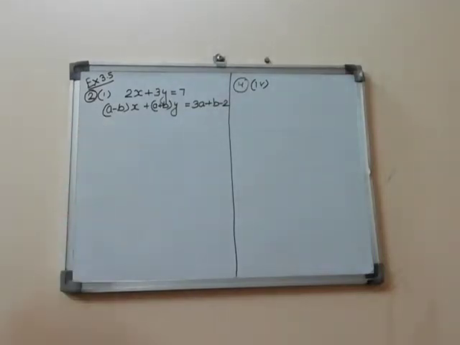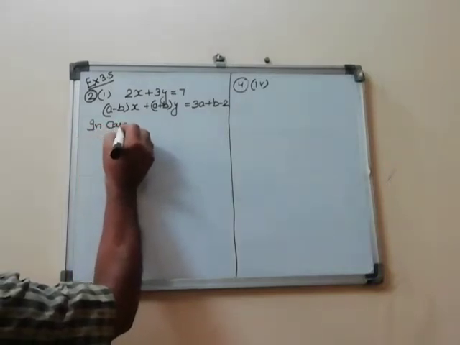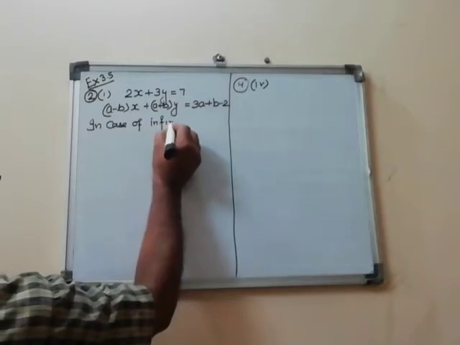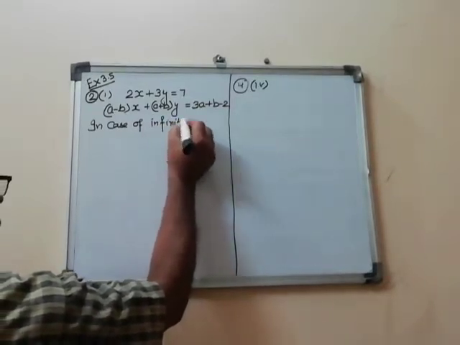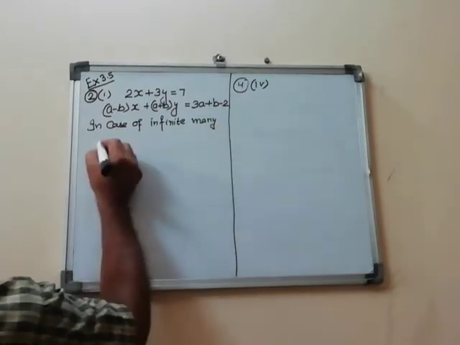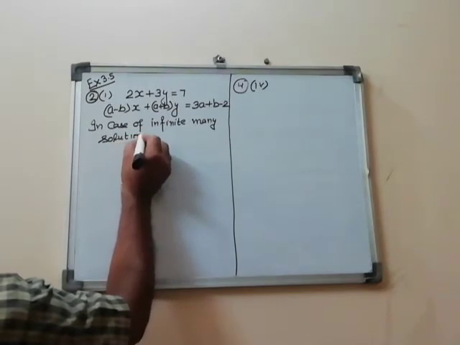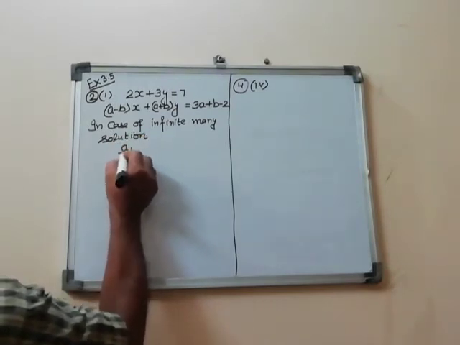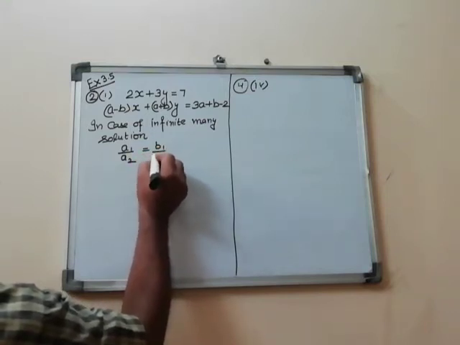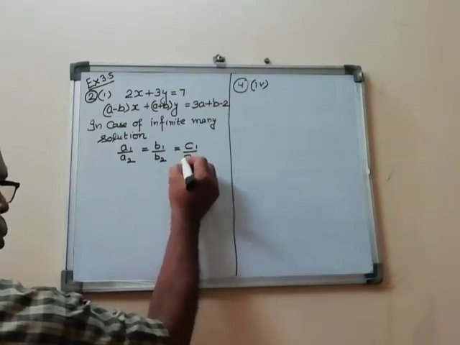In case of infinitely many solutions, a1 over a2 equal to b1 over b2 equal to c1 over c2.